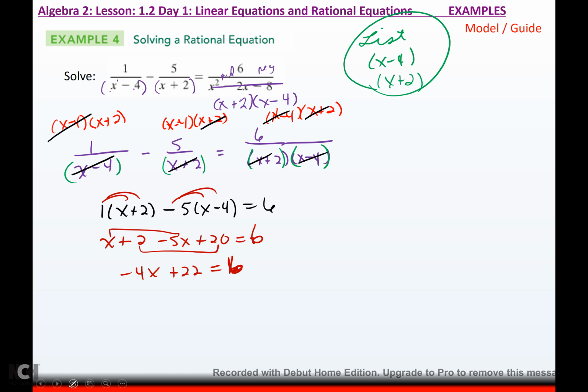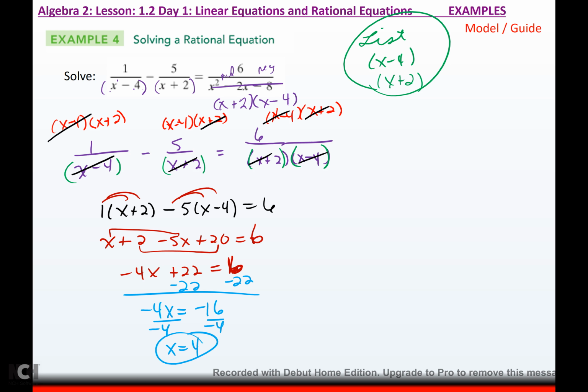Now to get x alone, I'm going to subtract 22. I get negative 4x equals 6 minus 22. It's negative 16. Divide by negative 4. X equals 4, unless it gives me a bad solution.